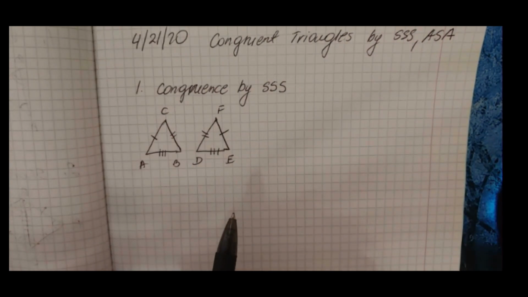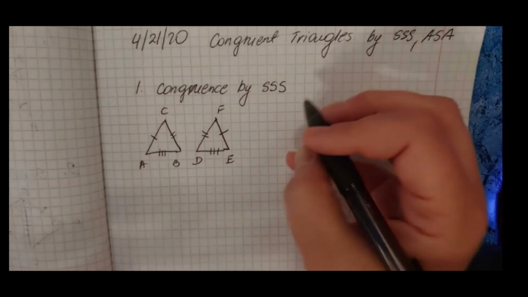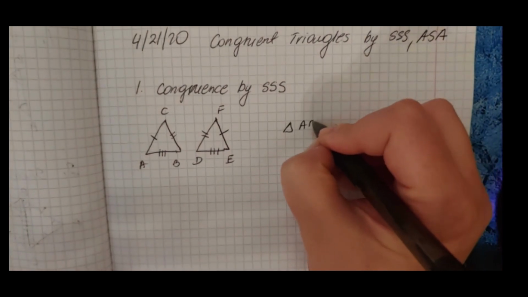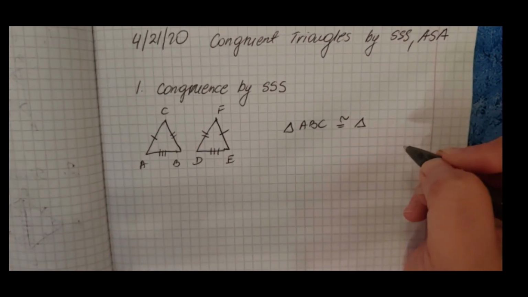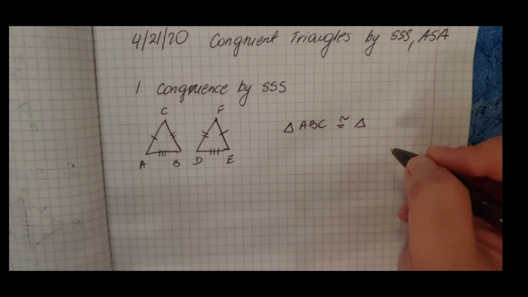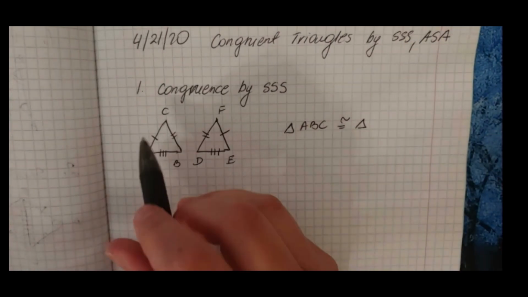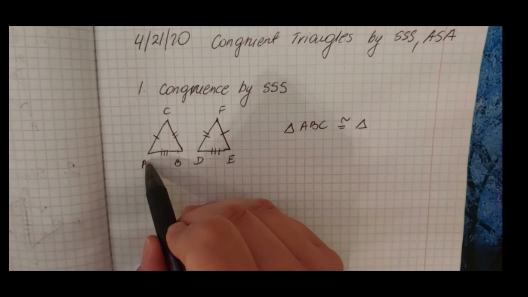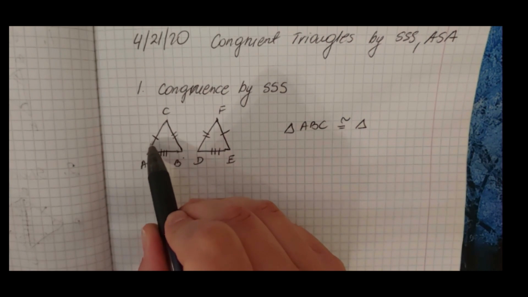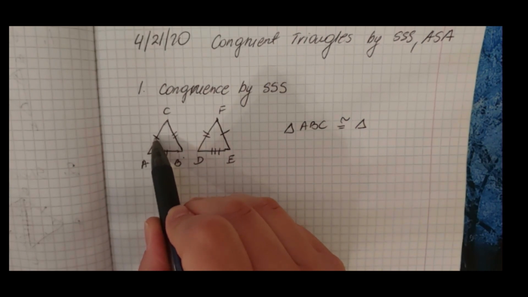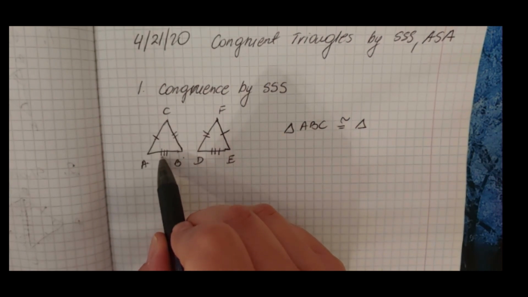Now the shortcut is I can write triangle ABC is congruent to triangle... Well, first I got to think about which one it is, because I need to name it in order. If I start from A and I go to B, I'm using the angle between the sides with one mark and three marks.